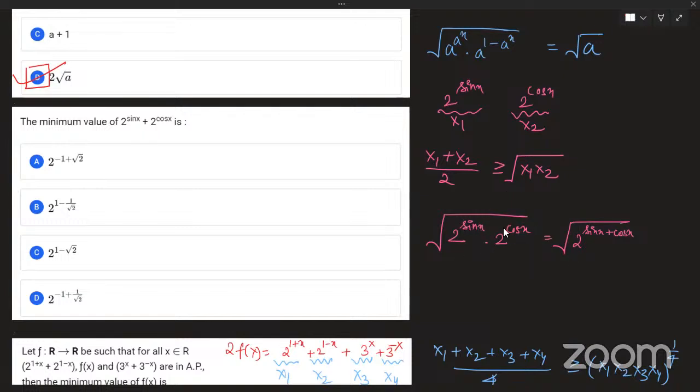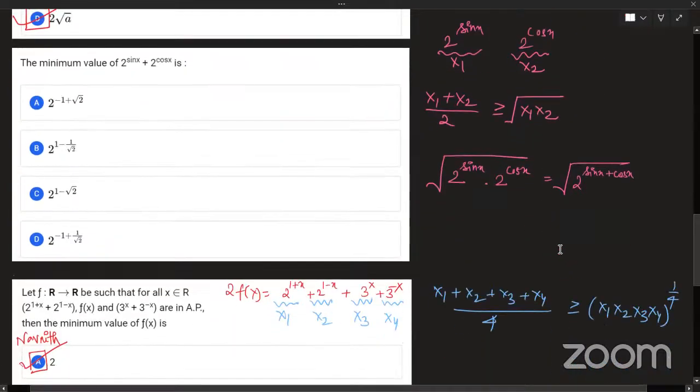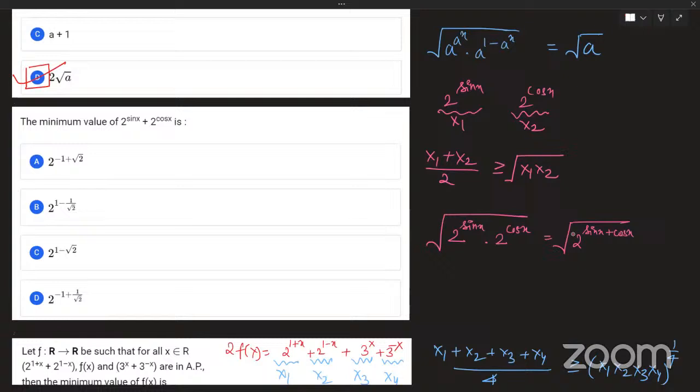So my powers can get added. So it is square root of 2 raised to sin x plus cos x. Fine, everyone? So x1 plus x2 is greater than or equal to 2 times under root of 2 raised to sin x plus cos x. Right?